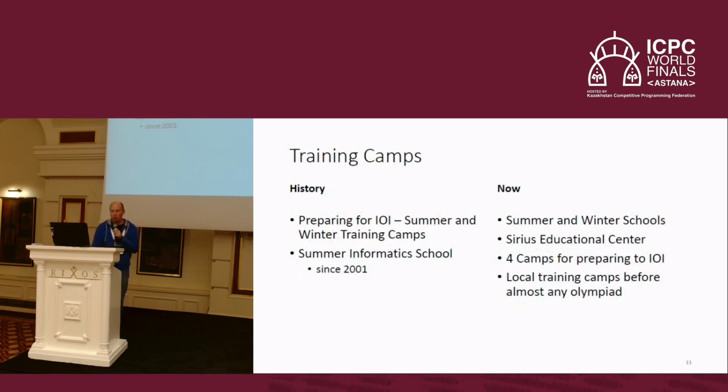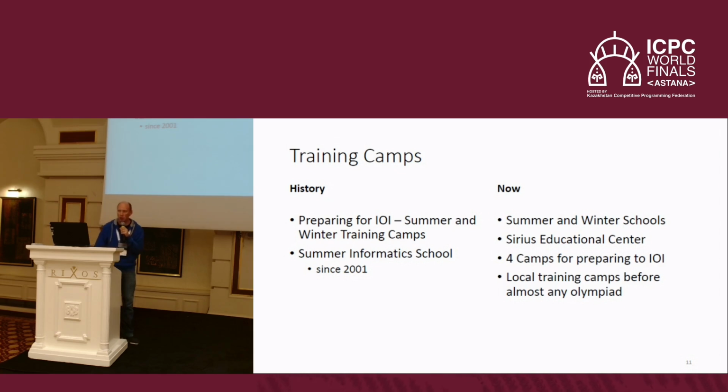Talking about training camps, here I'm looking at the historic perspective. Historically, we had just 2 camps for preparing for IOI, which are the summer and winter training camps. In the sense of our government, they are official, so we have 2 official camps, and all others are just people's initiative. The oldest summer school for high school students we have is the Summer Informatics School, which started in 2001. I have been participating in that since 2004.